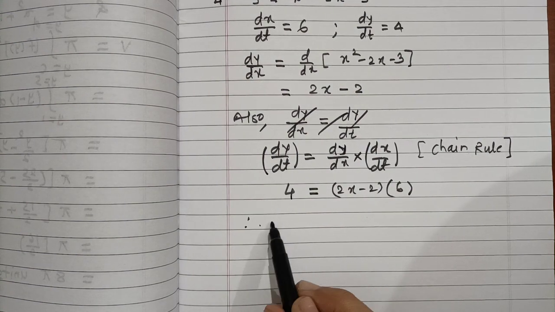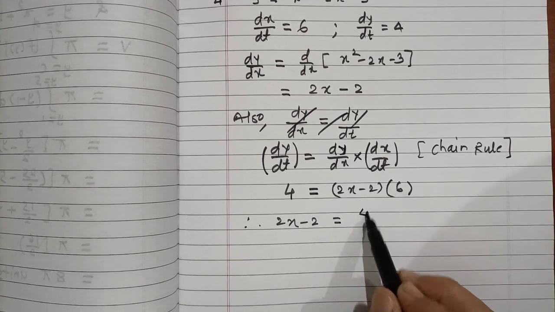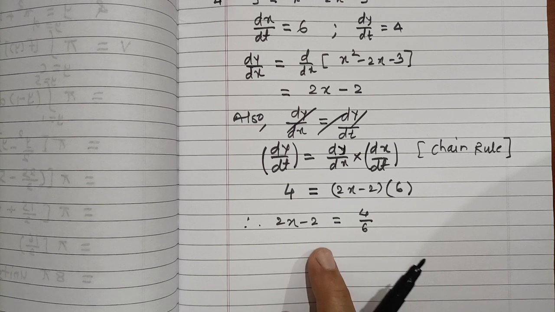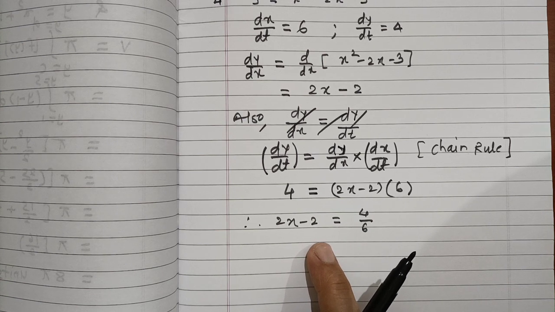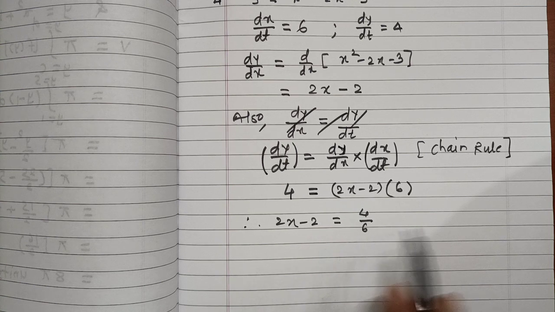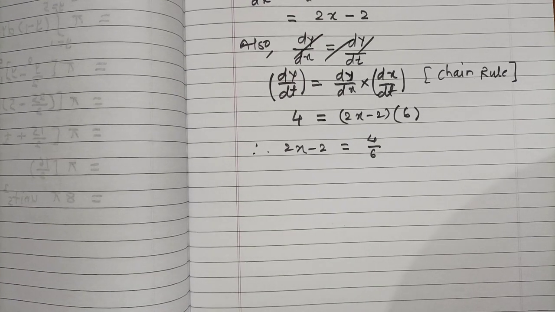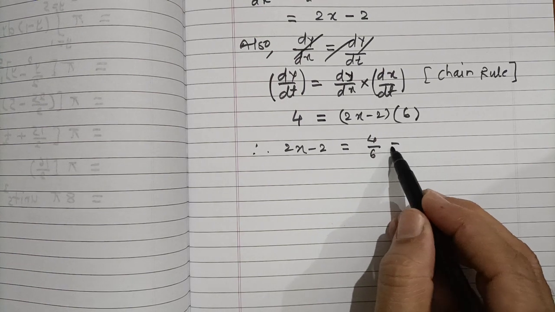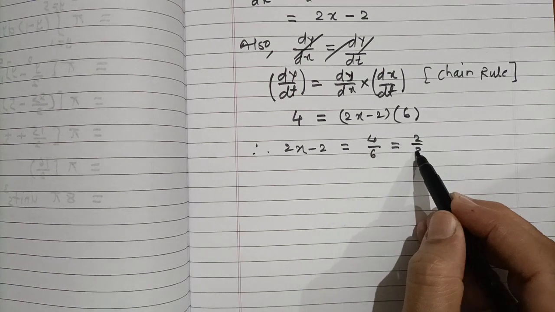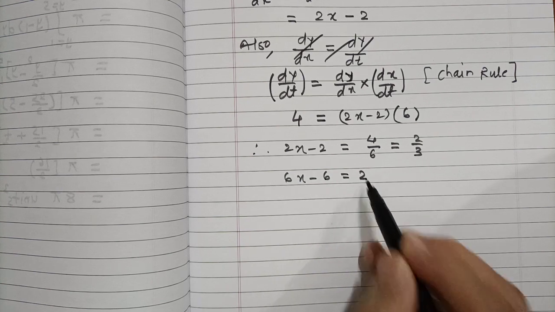So 2x minus 2 is equal to 4 by 6. You can take the 2 common, or choose any method of simplifying this. So this is 2 by 3, so 6x minus 6 is equal to 2.